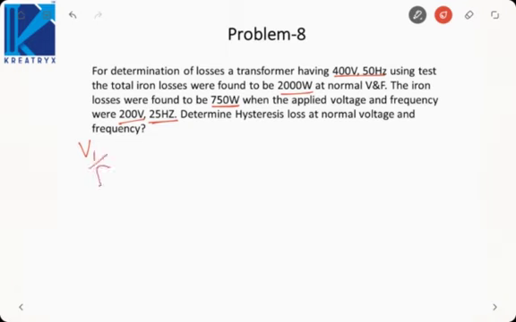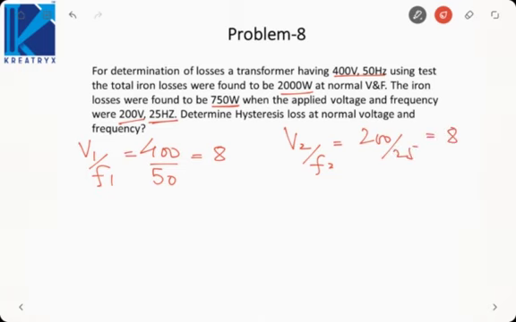So if we take initial V1 by F1, that is 400 by 50, which is equal to 8. Then V2 by F2, that is 200 by 25, is also equal to 8. Since V by F is constant, we know hysteresis loss will be proportional to frequency and eddy current loss will be proportional to frequency square.